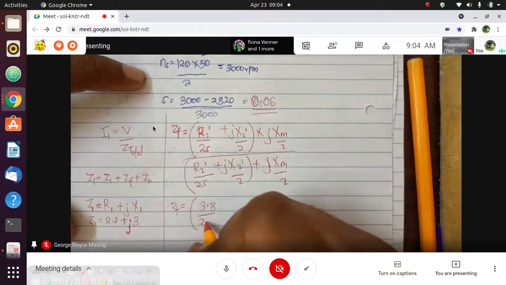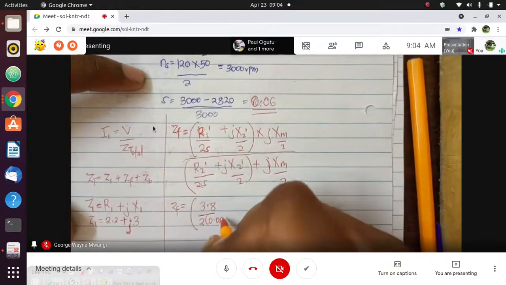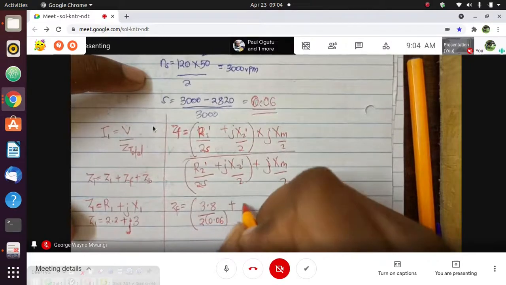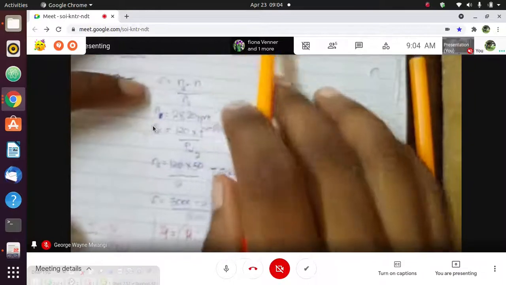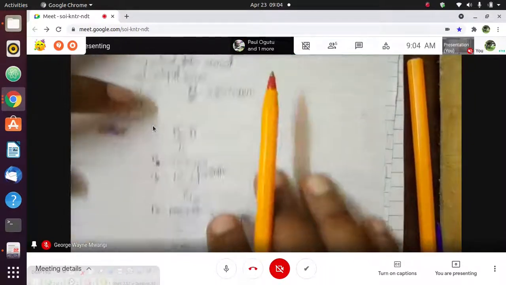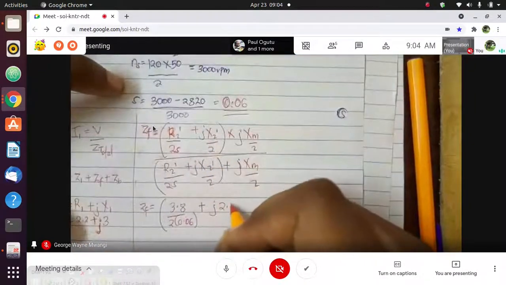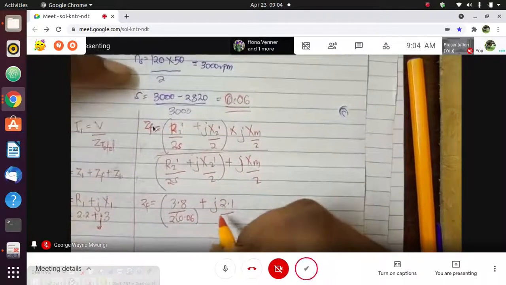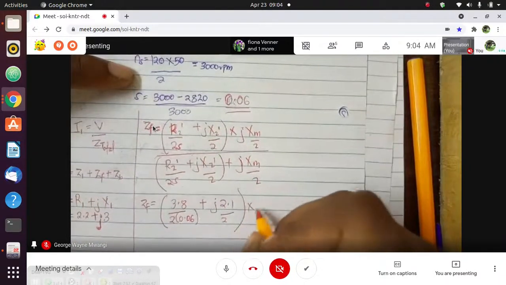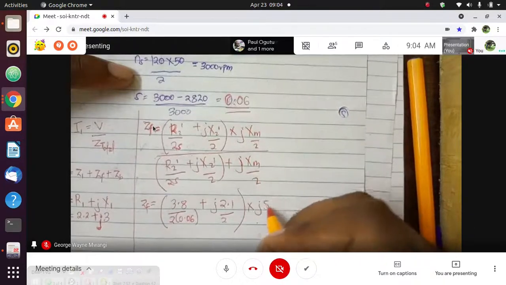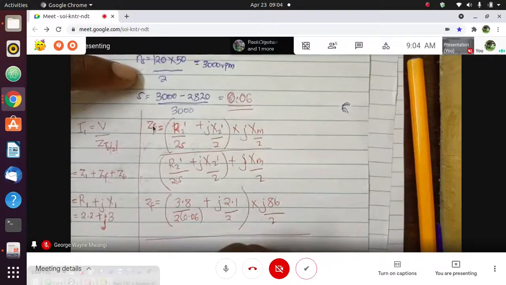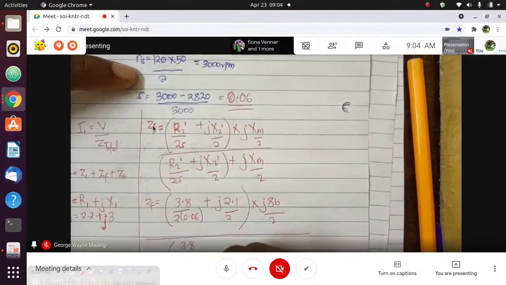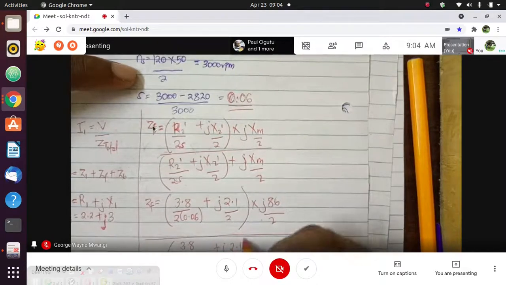So 3.8 over 2 multiplied by 0.06 plus j, the value of the rotor reactance is 2.1 ohms, so plus j 2.1 divided by 2, times j, the magnetizing reactance, 86 over 2, over the same: 3.8 over 2 times 0.06 plus j 2.1 over 2 plus j 86 over 2.